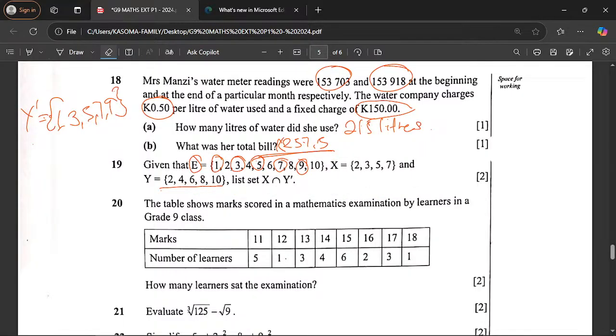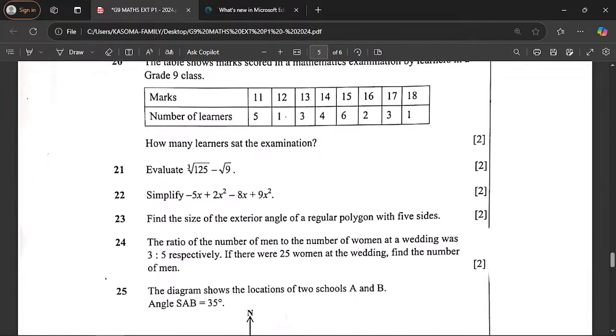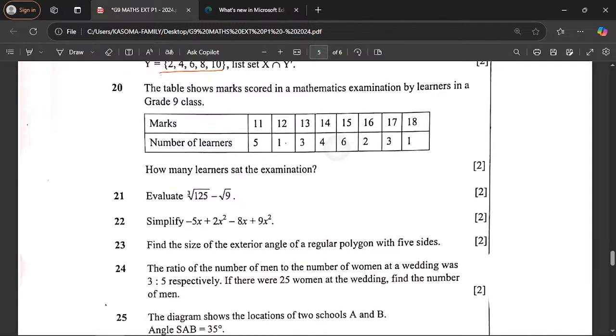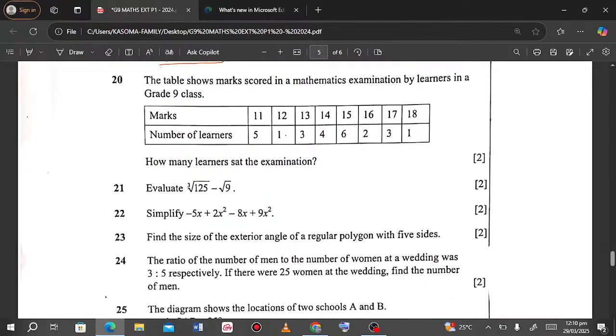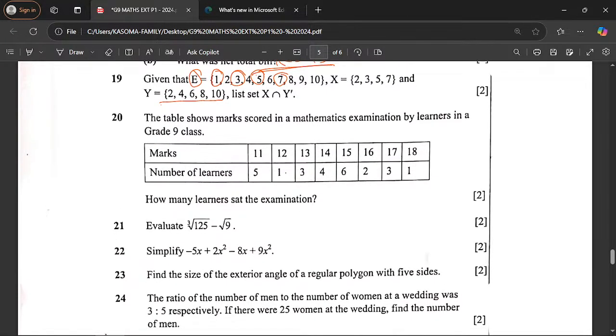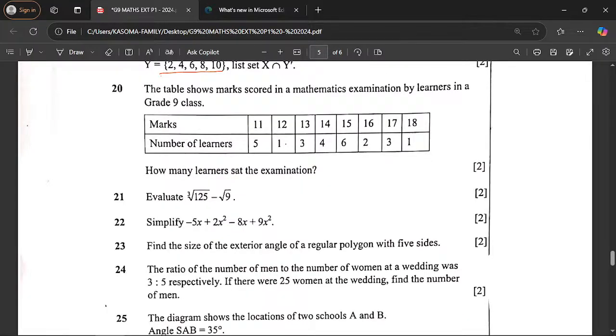So we come to question 20, which is: the table shows marks scored in mathematics by learners in a grade 9 class.